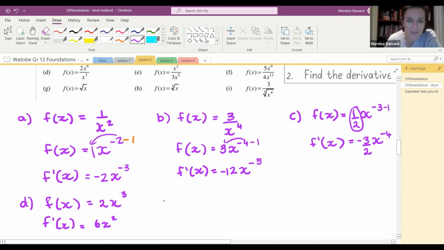Okay, now see if you can do E, same principle. The x squared and the x to the power of 5, the bases are the same. We're dividing, so we can do that division and then differentiate. So give question 3 a go. Mohammed says it's 2x to the power of 2.